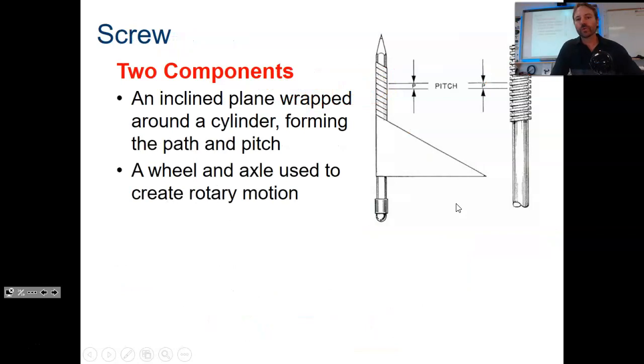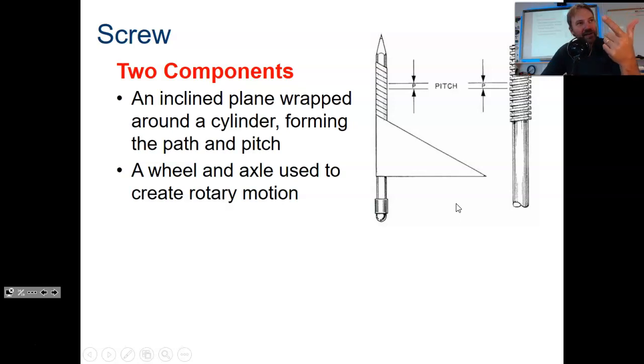A screw. There are some purists out here when it comes to simple machines. Some people think that there's only 3. And they say the screw is a combination of an inclined plane with a wedge, because they say that the 3 are an inclined plane, because they say an inclined plane is a wedge, so they can get rid of them there.